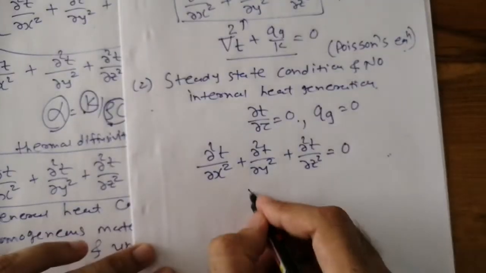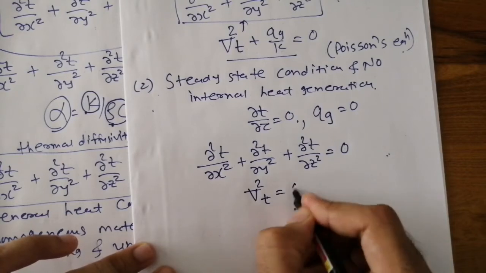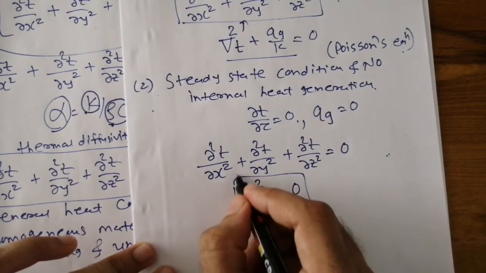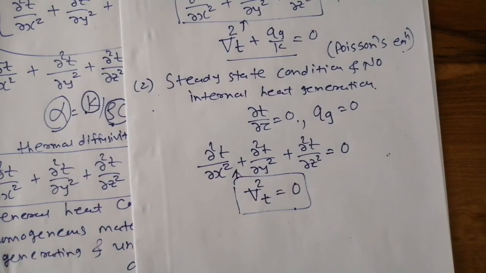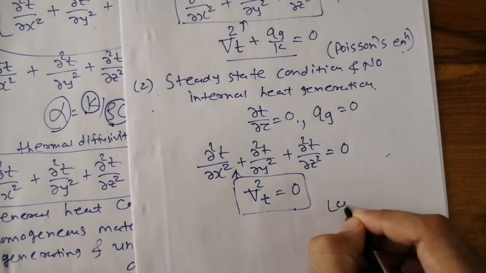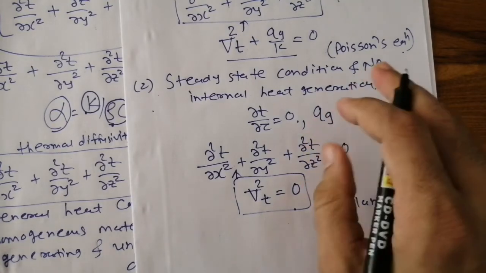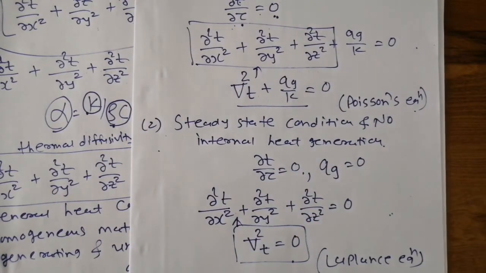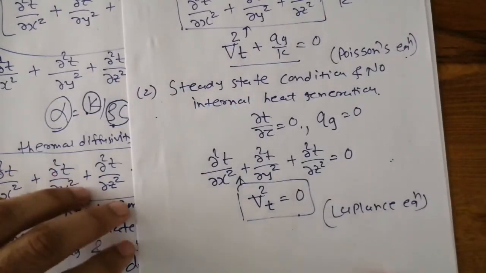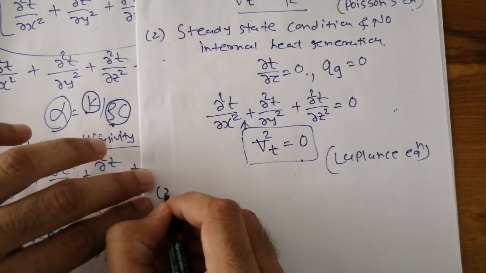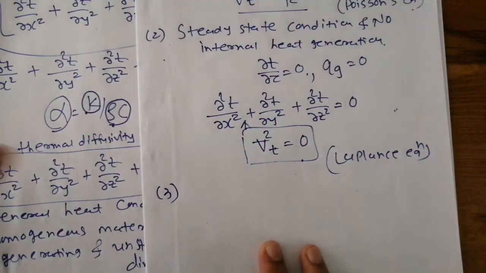That is, del square T is equal to 0. That is called the Laplace equation. First I explained the Poisson equation, then the Laplace equation. Two conditions are over. Now the last, third condition.